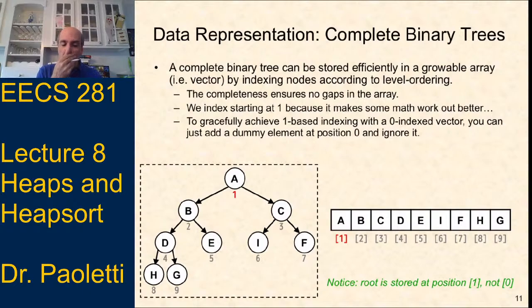So we're going to impose this rule of completeness. Once we impose the completeness rule, we can put things in an array very efficiently. Now we showed here an array representation starting at 1.